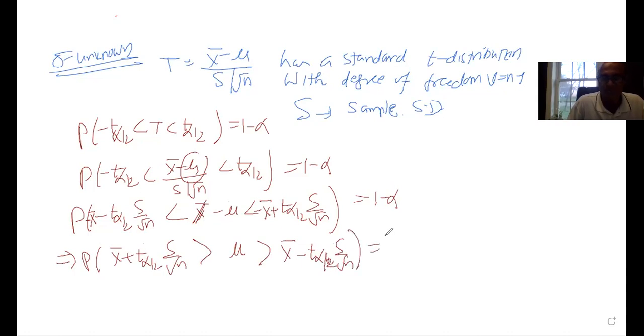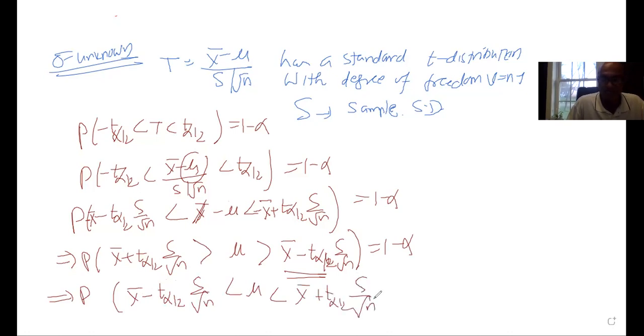Exactly the same thing, I just replaced Z by T. I would like to write this term first. So P of x bar minus t alpha by 2 s over square root of n is less than nu is less than x bar plus t alpha by 2 s over square root of n, and that is equal to 1 minus alpha.